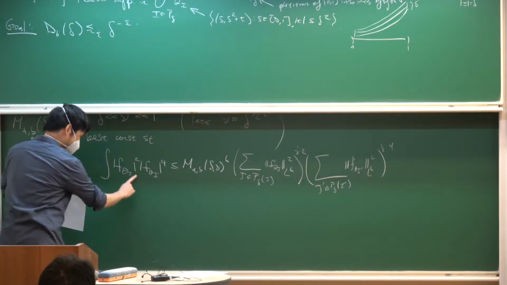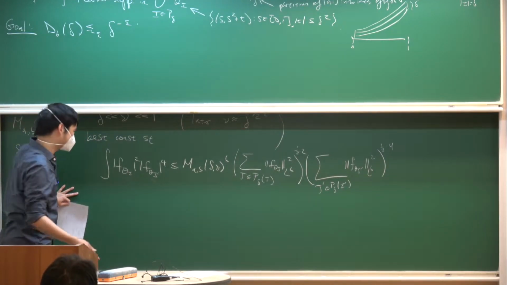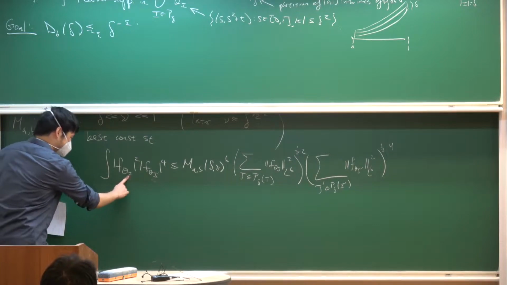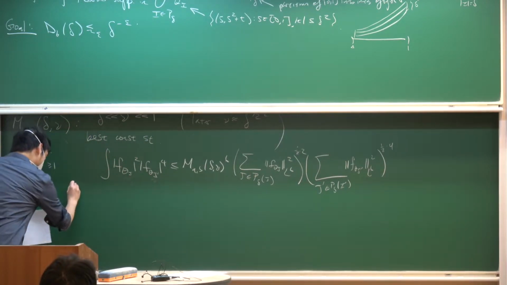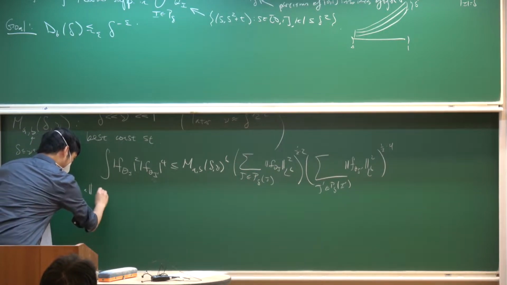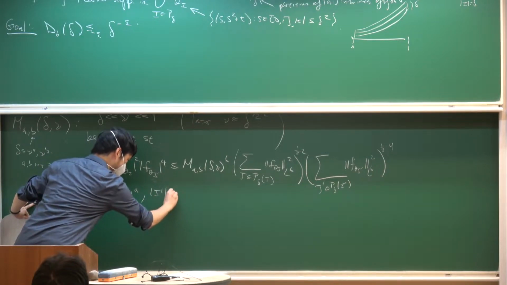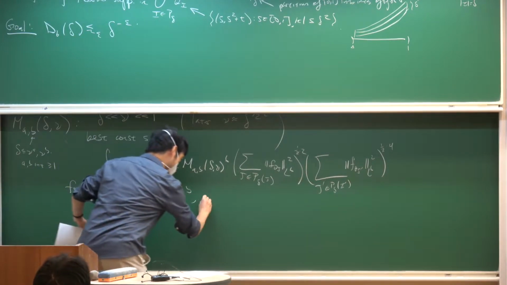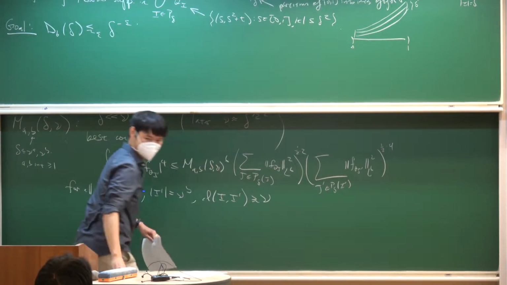Then there are some conditions about these I and I prime, because if I is I prime, we've done nothing. For the bilinear constant, there's always some sort of transversality condition. So it's the best constant such that this is true for all I of length nu to the A, I prime of length nu to the B, where the distance between I and I prime is bigger than nu.